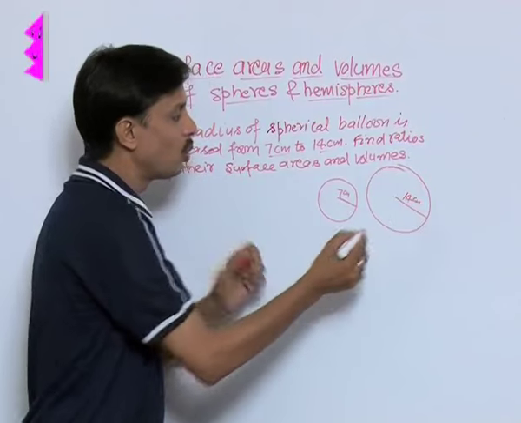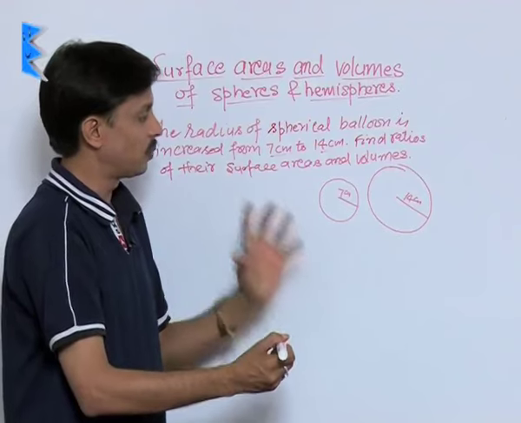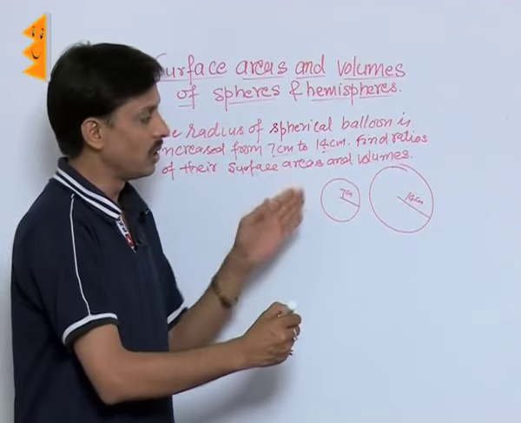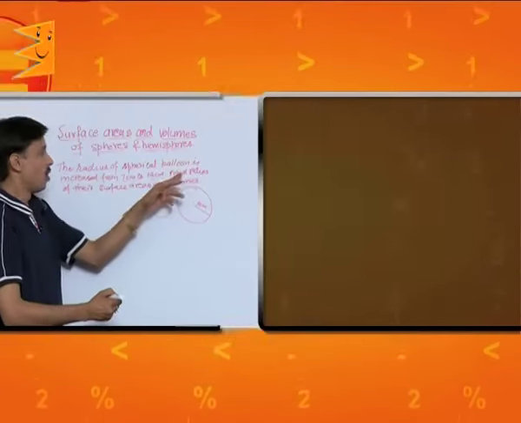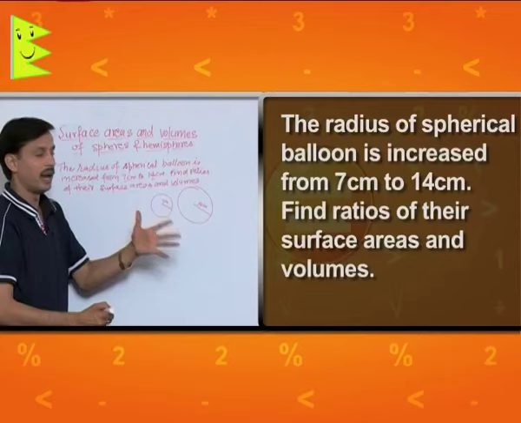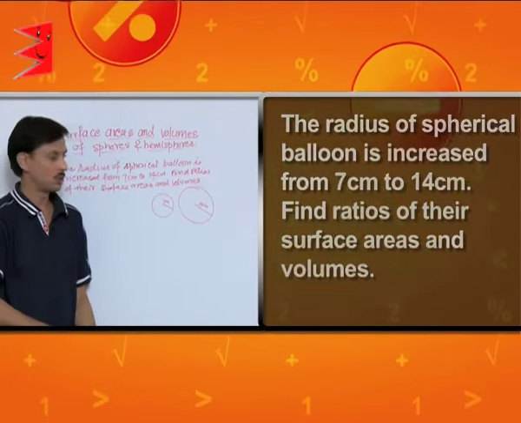So there are two situations. Find the ratios of their surface areas and volumes. How will we find their ratios?